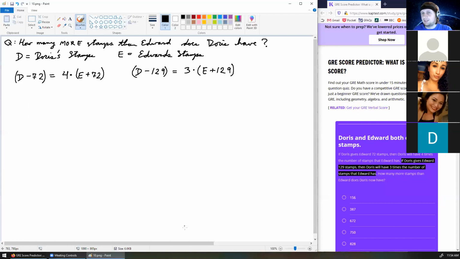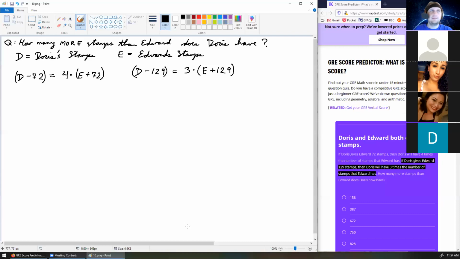So knowing this, what should we do next? Do we need to solve for the variables? Okay, that sounds like a great way to go. So let's do that.